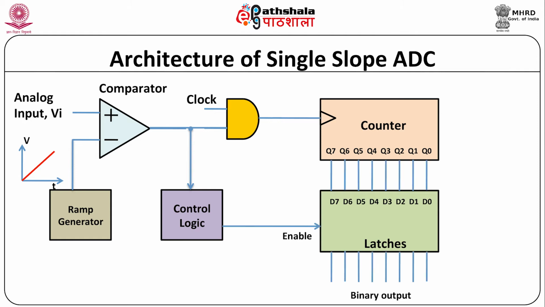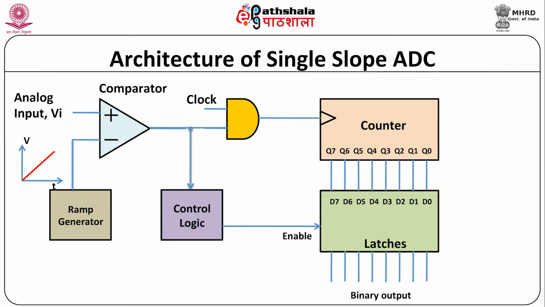The AND gate output drives the clock input of the counter. If the AND gate is enabled, then the clock pulses will be passed to the clock input of the counter for counting. The outputs of the counter are the binary output. The outputs are labeled as Q7 as MSB, Q6, Q5, Q4, Q3, Q2, Q1 and Q0 as LSB.